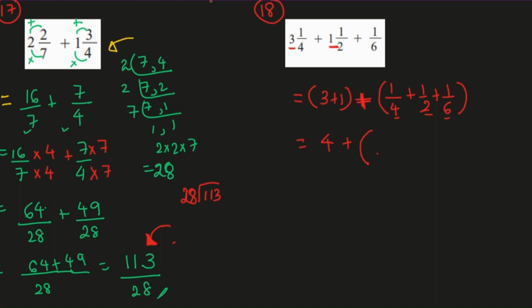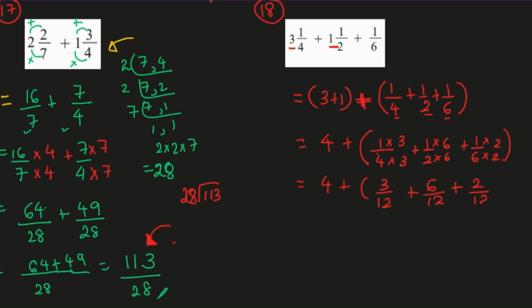So let's convert it into 12. 1 upon 4, I'm multiplying both the numerator and denominator by 3. 1 upon 2, I'm multiplying both by 6. 1 upon 6, I'm multiplying both by 2. Great. So now 4 plus 3 upon 12 plus 6 upon 12 plus 2 upon 12.